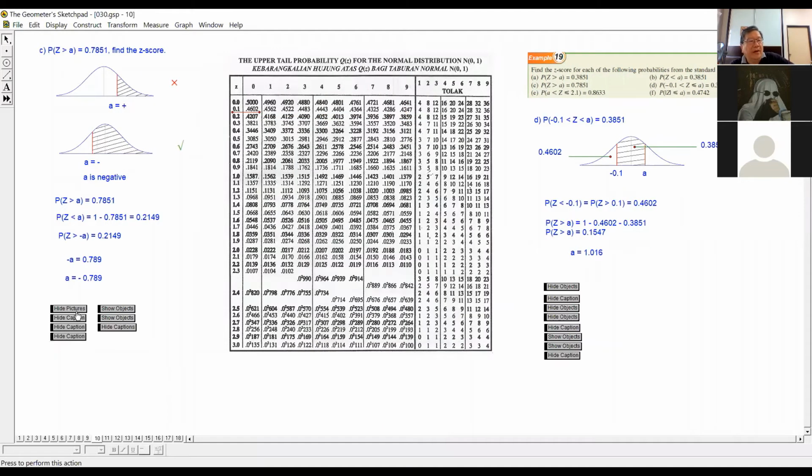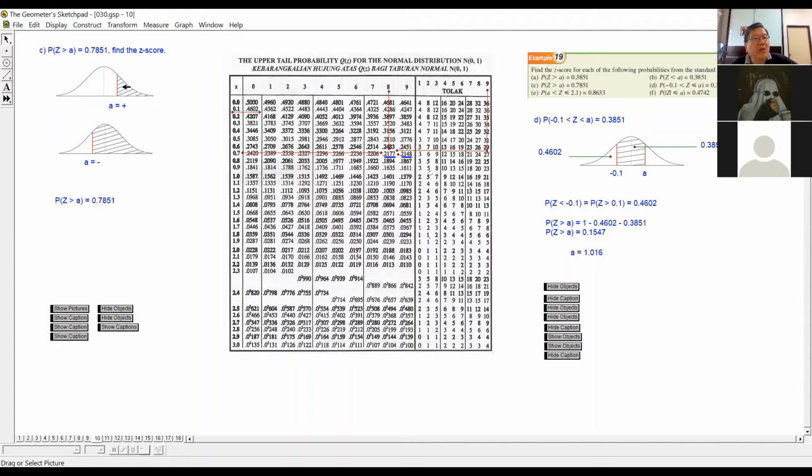Now this one, I hide all this. The question is probability of Z greater than A is 0.7851. Greater than, I shade the right hand side.